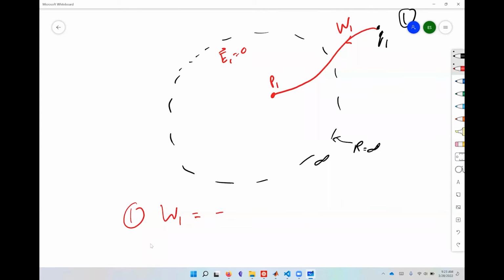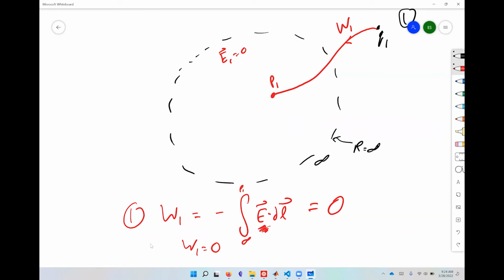W1 is the integral of E dot dl from infinity to P1. But initially there is no electrical field in the universe, in space. So W1 equals 0. The first charge we bring in is free. It does not require any energy because there is no field opposing it.